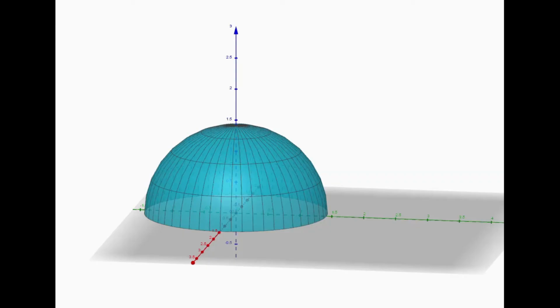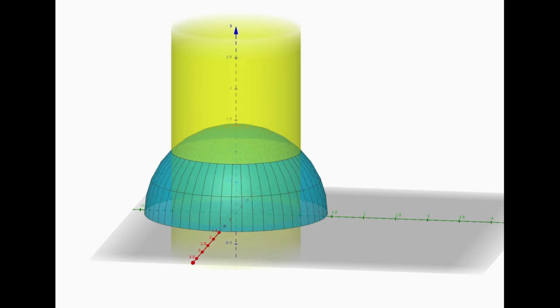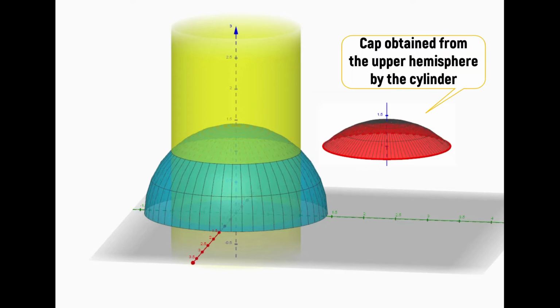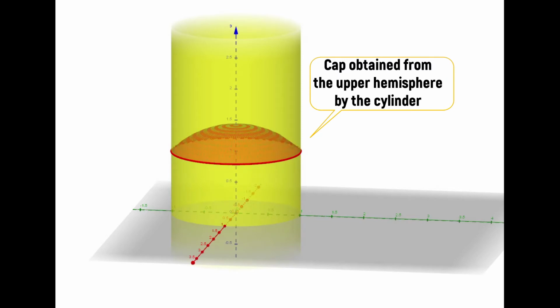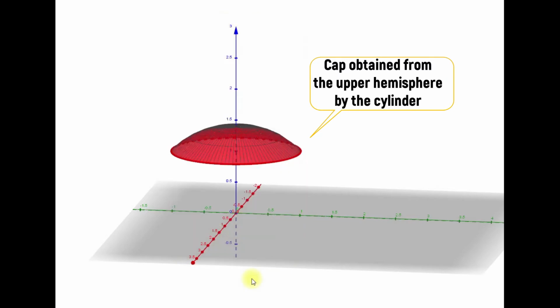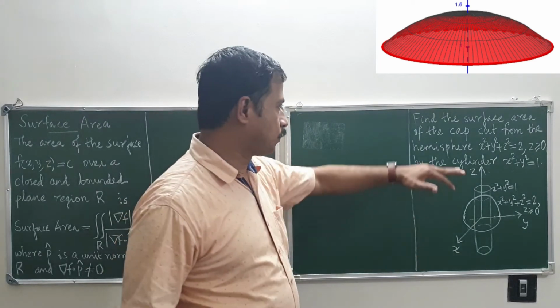Likewise, here we cut this hemisphere by the cylinder x square plus y square is equal to 1. You insert that cylinder on this hemisphere so that you get a cap, which is a portion of the upper hemisphere. We are asked to find the surface area of that cap.